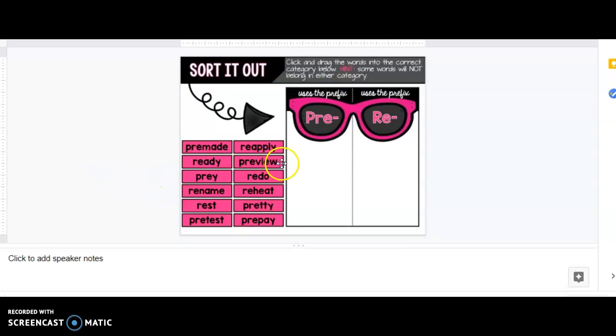On this slide, you are going to sort the prefixes. Now notice, all of these words start with RE or PRE, but not all of them are prefixes. If you take off the RE or the PRE, then you should have a word, a root word or a base word left by itself.